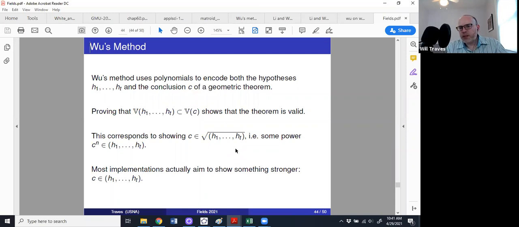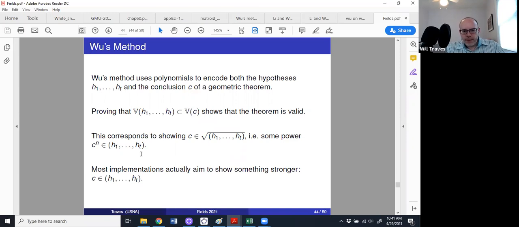Here I'm assuming that we're working over an algebraically closed field. And that just means that some power of C is in this ideal generated by H1 through HT. So that's kind of what we're checking.